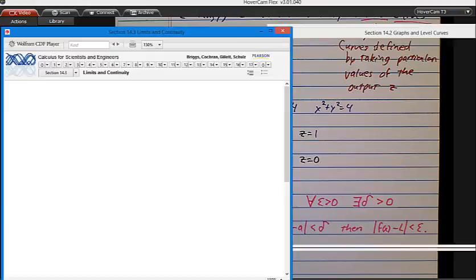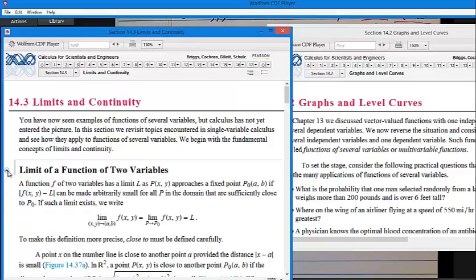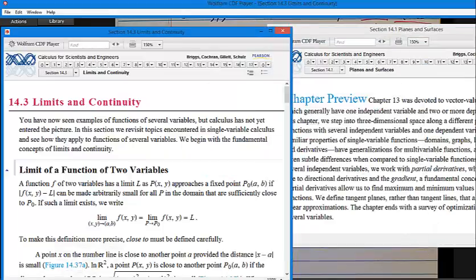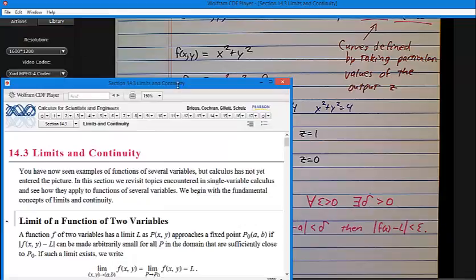So they say, let's talk about the limit of a function. And they say, okay, first thing that's different between, and let me move this so you can compare what's in your book to what I just wrote down, right? I mean, let's really take a look.